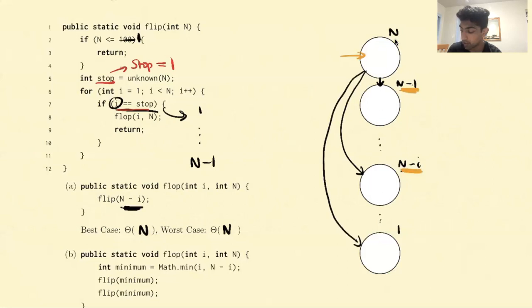If we're going to this possibility, then we're actually doing I work, okay? So since the amount of work that we do in flip varies based on which recursive call we take, I'm going to have to slightly change our drawing, where instead of having the work inside of the node, I'm going to attach the work to each arrow, okay?